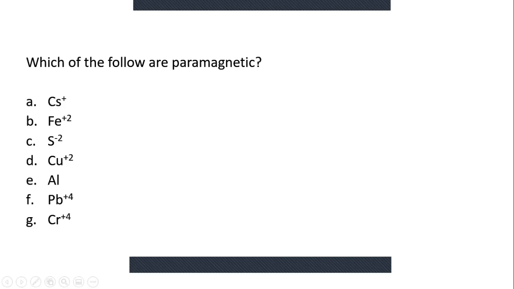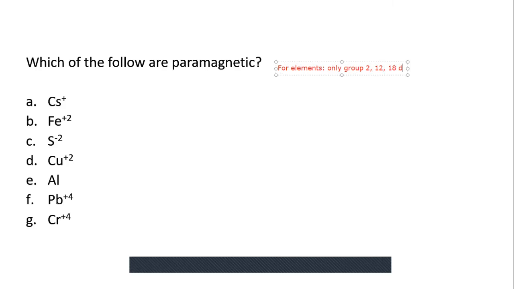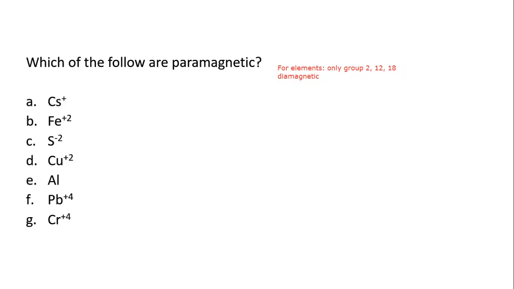And remember, for elements, only group 2, 12, and 18 are diamagnetic. So is aluminum group 2, 12, or 18? No. So aluminum is a paramagnetic compound.